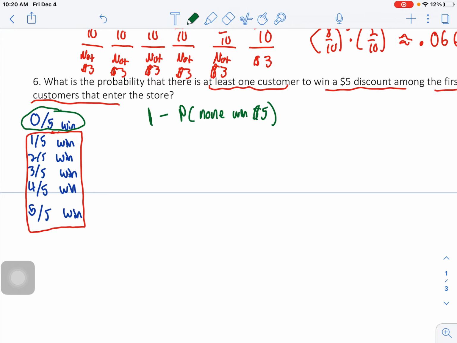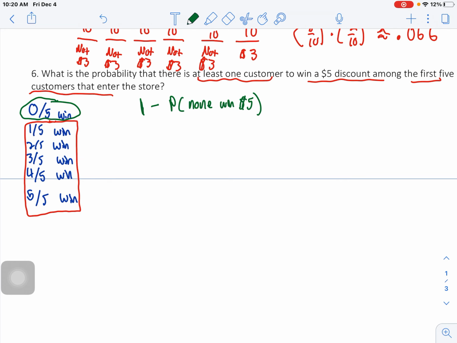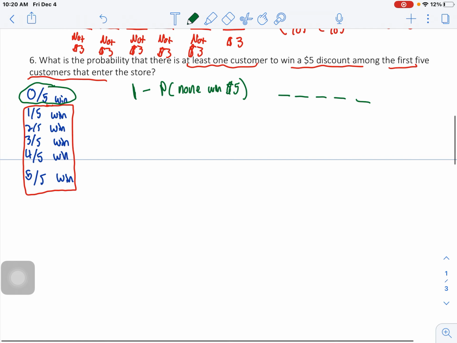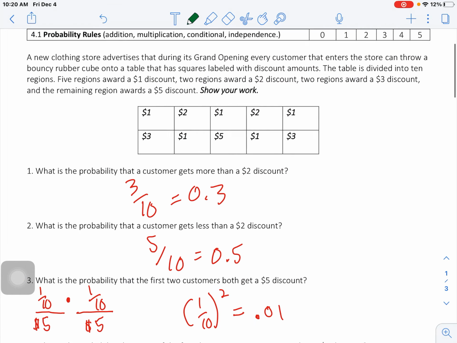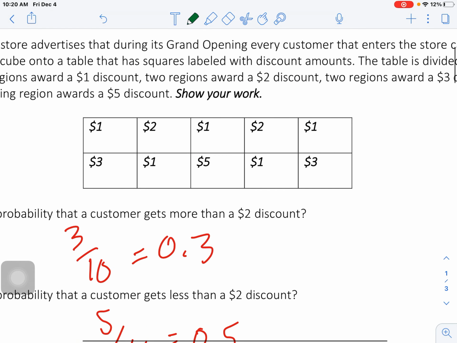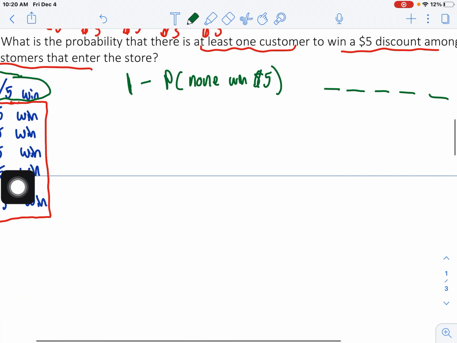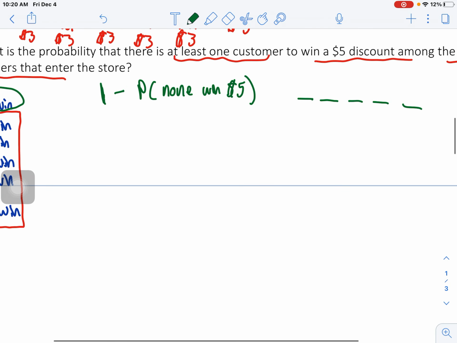So again, we're looking at 1, 2, 3, 4, 5. And if I want all 5 of these to not win the $5 prize, not winning, there's a 90% chance, or 0.9, 9 out of 10 chance that they don't win. So this is all of these guys not winning the $5.